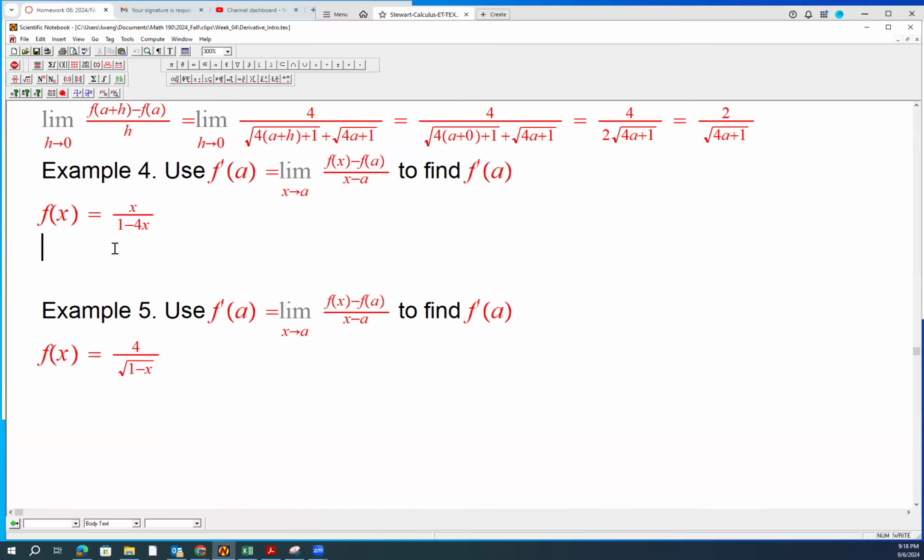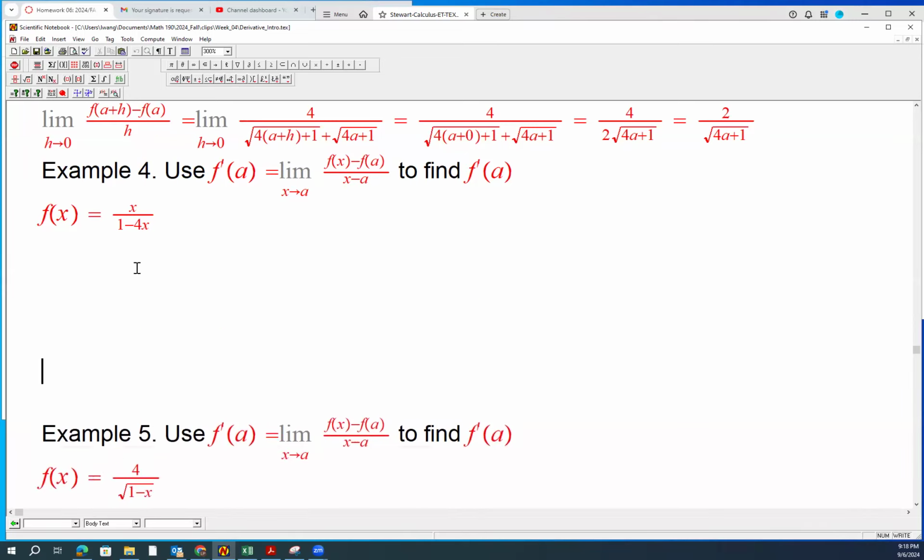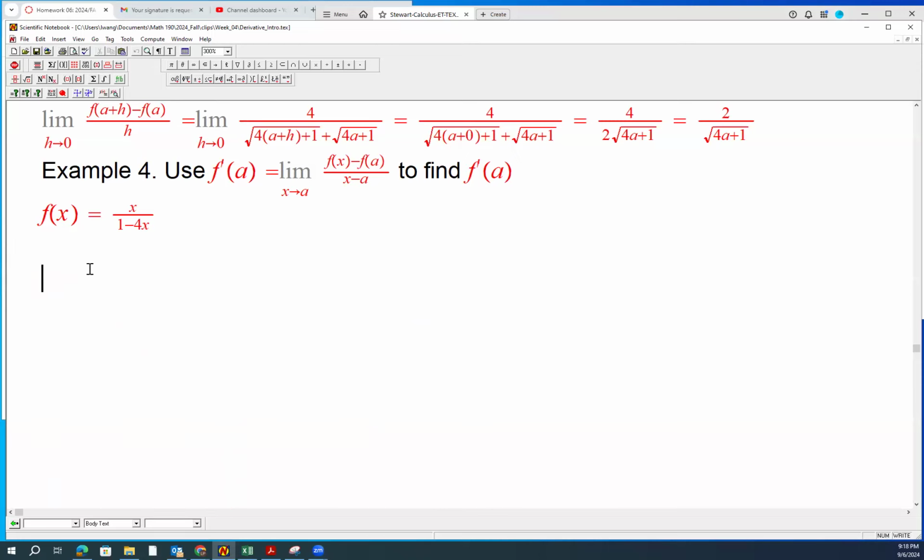For number 4, to use this formula, we have f of x already, and we're going to have f of a. So x replaced by a. There. Okay. So we're going to compose this piece first.